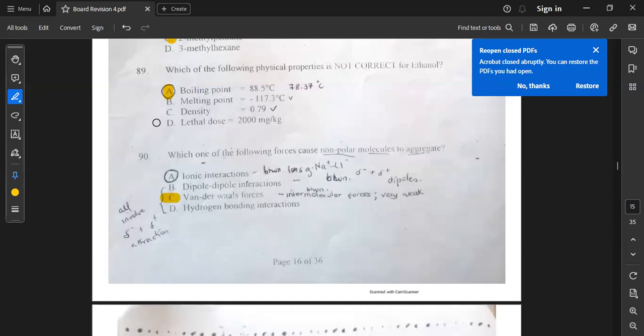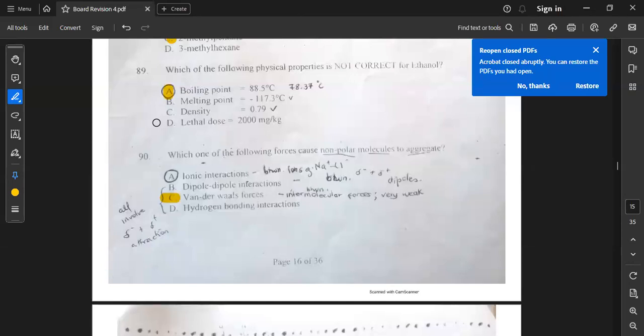Even if we just think of something like methane being non-polar, we can eliminate methane having hydrogen bonding, ionic interactions, or dipole interactions. So we can land on van der Waals. Also, non-polar molecules are basically bonded by covalent bonds, and under covalent bonds we have dipole and van der Waals forces.